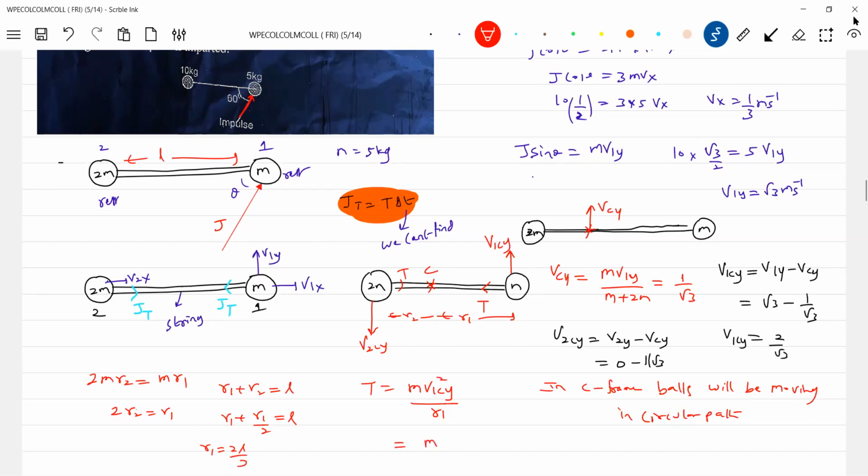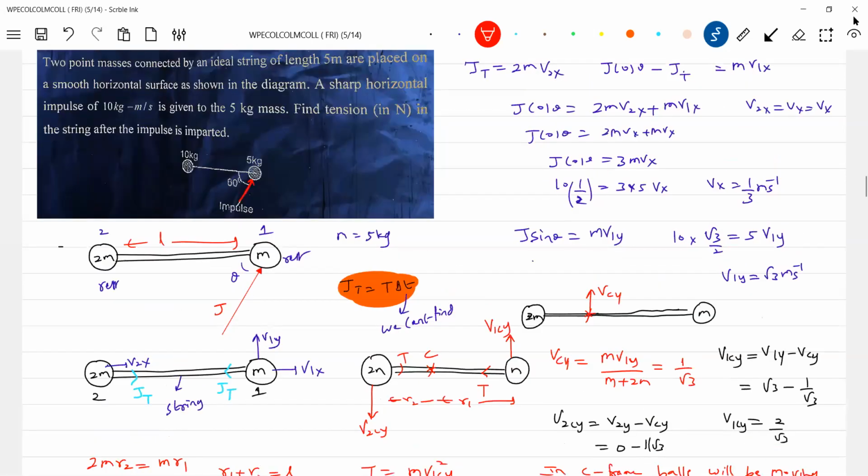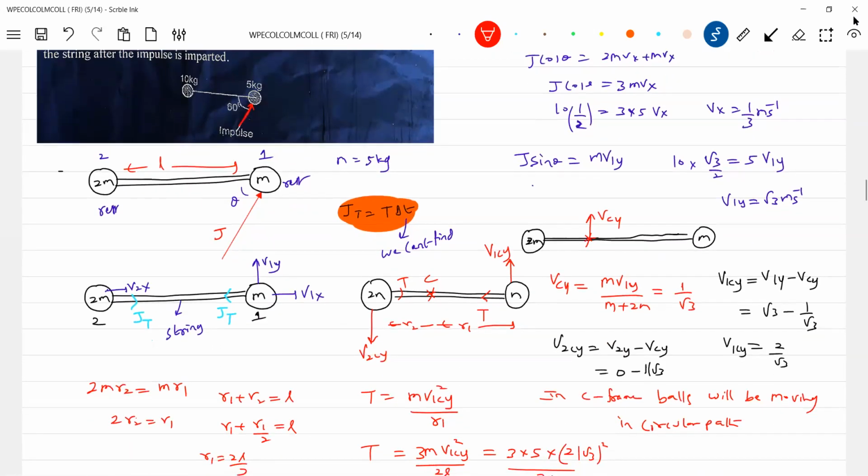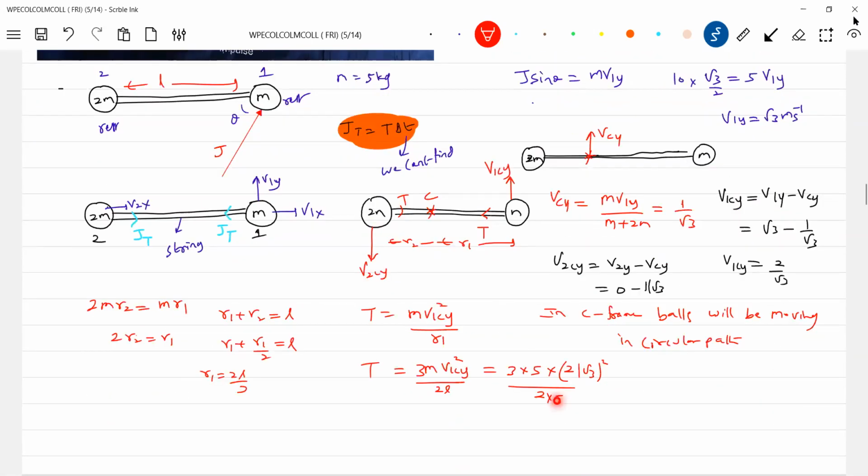Substituting, T equals 3 by 5 kg, v1cy 2 by 3 whole square, by 2 into length of the string, 5 meter. The value is 2 Newton.